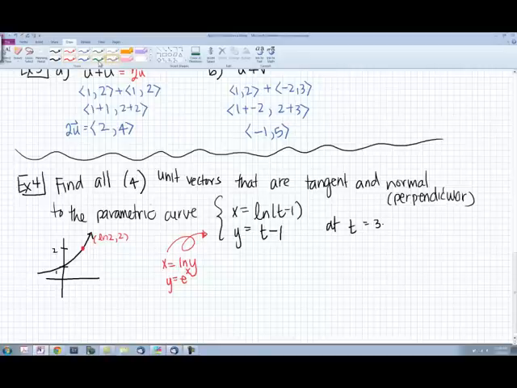But I want to know what the unit vectors are that are tangent to this point. From exactly where we are right now, you should be able to envision the tangent line that goes through there. Well, how is it possible that there are 4 total unit vectors? There are 2 that are tangent and 2 that are normal. And the 2 tangent ones, there's one that goes in this direction, there's one that goes in the other direction.